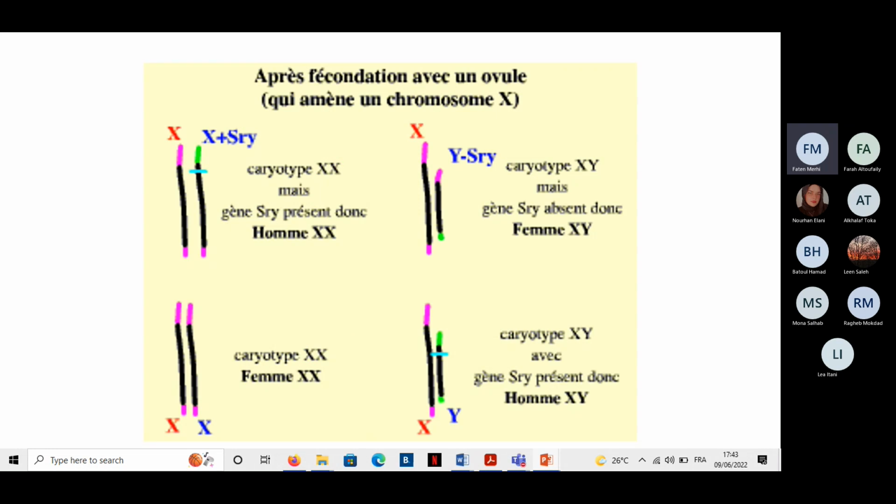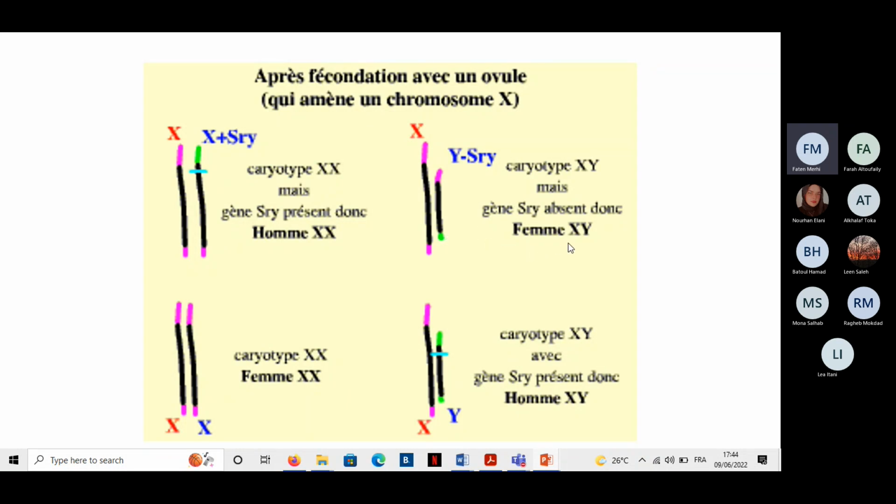So the females carrying an SRY gene on their X chromosome will have a male appearance, with male genital organs, and the genetic males carrying XY chromosomes but who have lost this SRY gene will develop to be like females, okay?